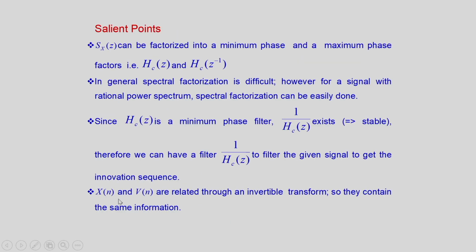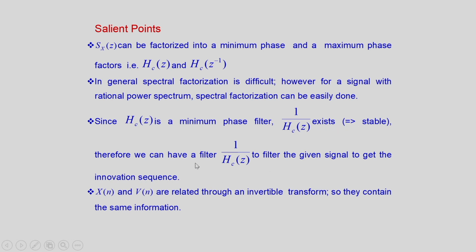Salient points of the spectral factorization theorem: Sx z can be factored into a minimum phase and a maximum phase factor, that is, Hc z and Hc z inverse. In general, spectral factorization is difficult. However, for a signal with a rational power spectrum, spectral factorization can be easily done. Since Hc z is a minimum phase filter, 1 by Hc z exists, meaning it is stable.